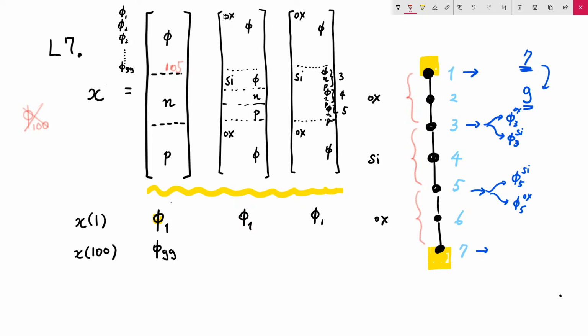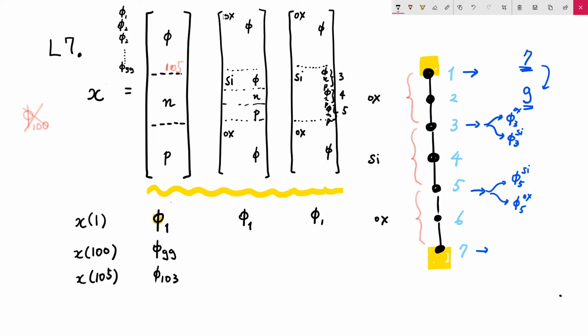Also, if we ask about the 105th component of our x vector, what will be the answer? That will be just phi at 103.